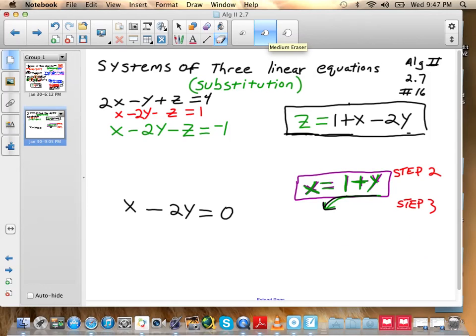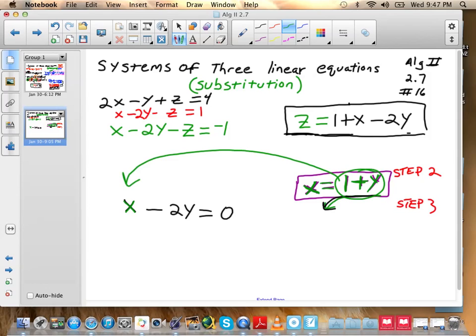So what I want to do now is, since I've determined that x has a value, and this is my value, I'm going to move this into x. So I'm going to get rid of my x, and I'm going to replace it with its value. And the value is 1 plus y, right? This was initially equal to x. Now I'm going to look at my like terms.